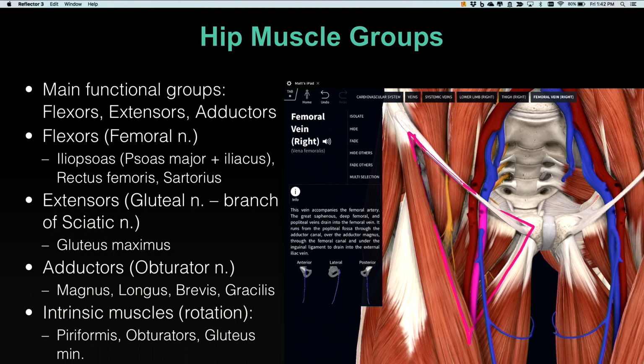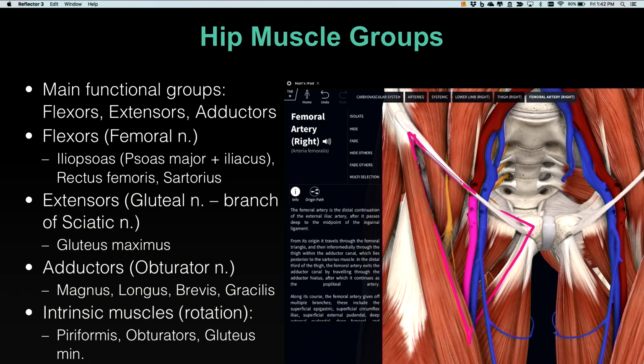This is also a site where in some ex-phys research where you need to run arterial lines, you will run a catheter into the arteries here at the femoral artery. So you have to get the area shaved and all prepped, and you have to have a technician that's really good at pinpointing the artery so that you don't bleed out.